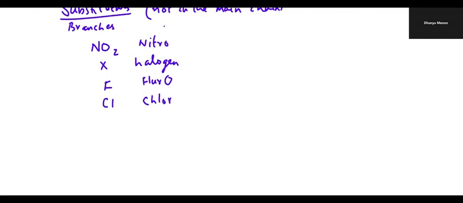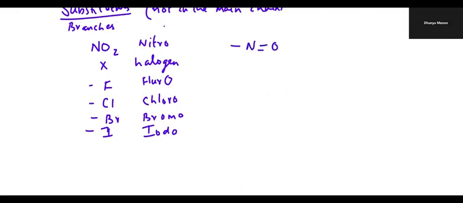If it is Br, we call it bromo. Iodo for I. Then if it is NO, we call it nitroso. If it is N3, azo.